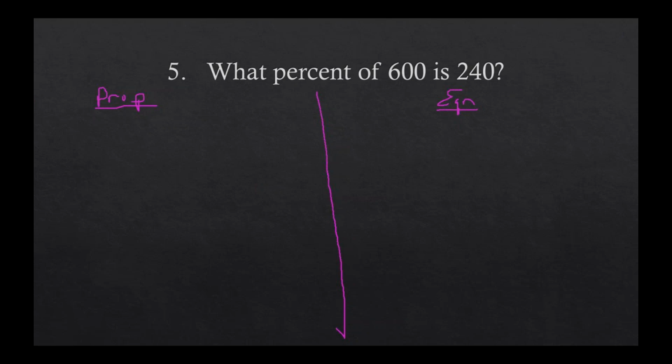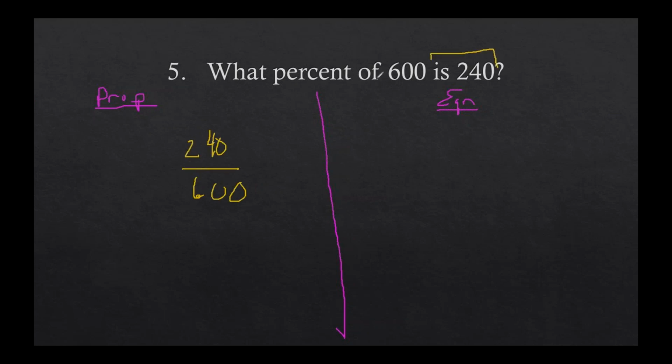Okay, we've got a few here, so let's go ahead and set these up. All right, somebody who used a proportion, give me one of the ratios in your proportion. 240 over 600. Good.